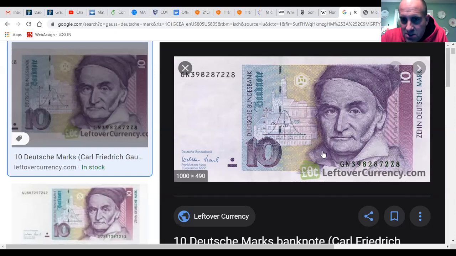That's his face. It's a pretty cool looking hat he's got going on there. But you see the bell-shaped curve right there in the background, and the formula is right there on the Deutschmark. How awesome is that? Man, that would be the day if our currency had a mathematical equation that awesome on it, but no such luck in the old US of A.